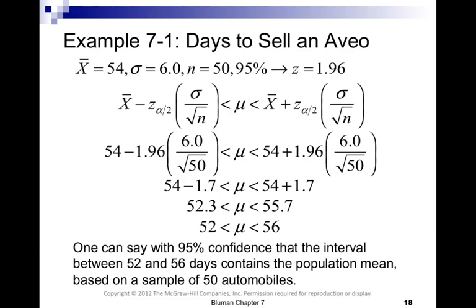As we go to the next slide, it shows as we put these in the formula, and here's the data listed up here that we just listed. We get a range: mu is going to fall between 52 and 56 days. And you usually need a sentence to summarize what you've got. One can say with 95% confidence that the interval between 52 and 56 contains the population mean based on a sample of 50 cars.